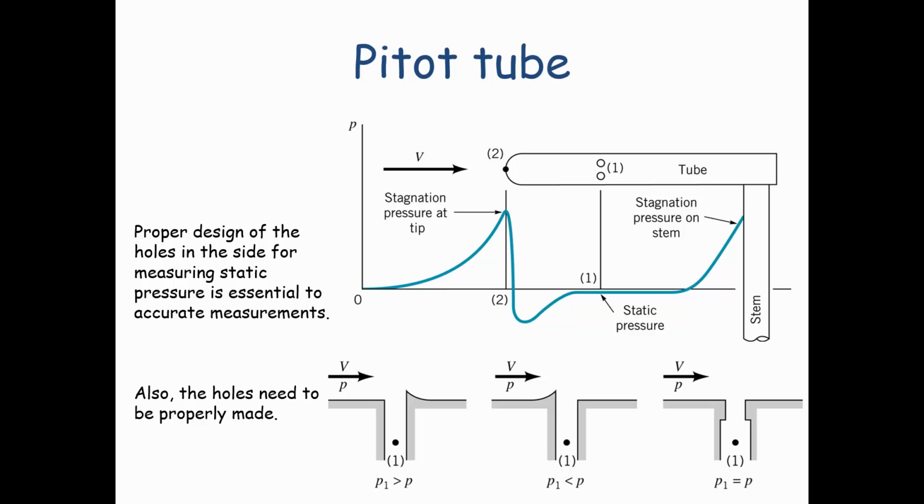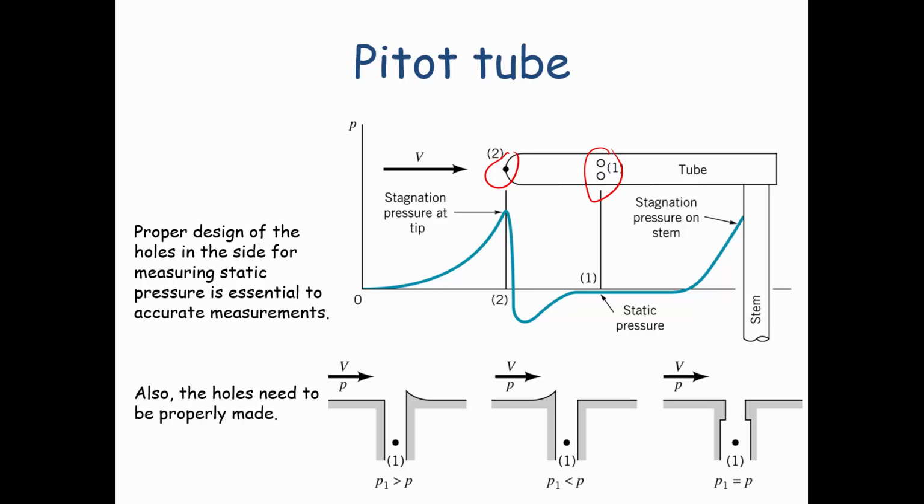So this Pitot tube that's shown here is an example of the type of Pitot tube that's used on an airplane. And on here, the openings in the tube that are measuring the static pressure are the ones I just circled at point 1. Those would be measuring the static pressure in the fluid, whereas the stagnation pressure or the stagnation point would occur at point 2, and you would be measuring the pressure associated with that.